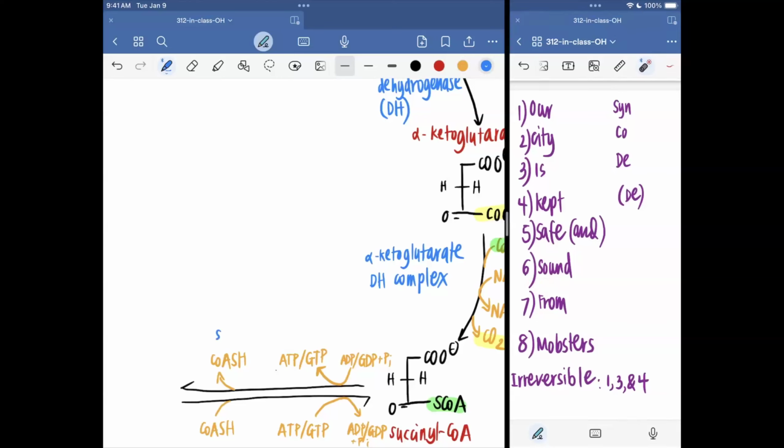So this reaction is catalyzed again by succinyl-CoA synthetase, not to be confused with synthase. And as I briefly suggested, that is going to allow us to produce succinate, which looks like a pretty simple molecule here.